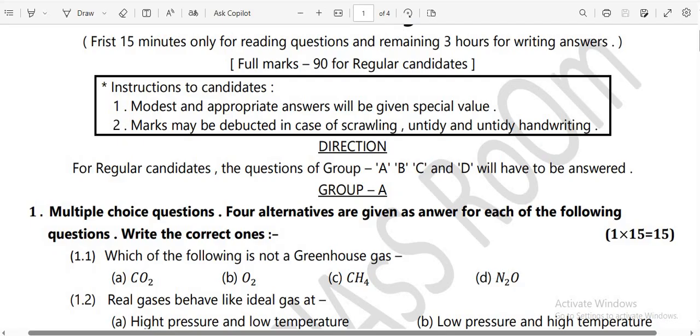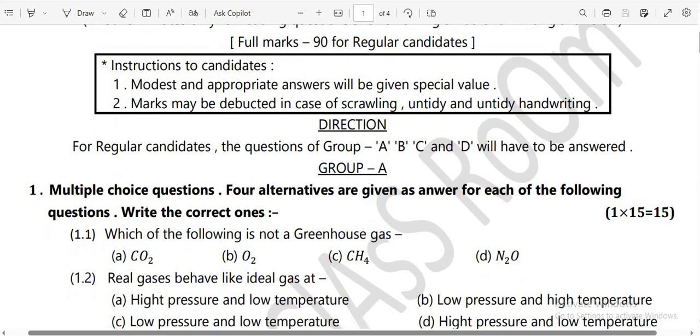Declaration: for regular candidates, the questions of Group A, B, C and D will have to be answered. You can take note.